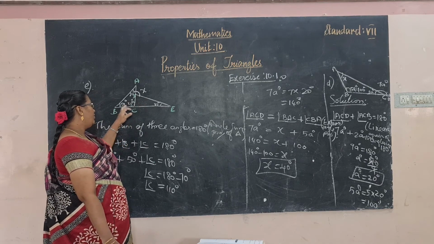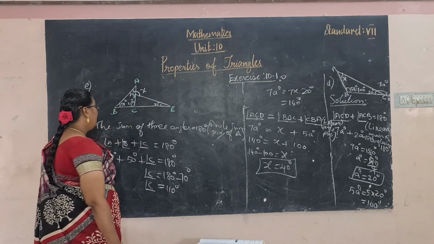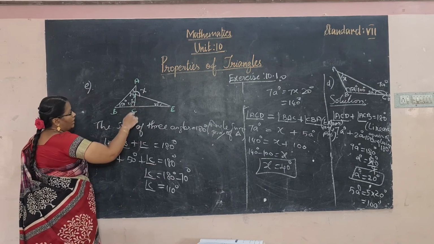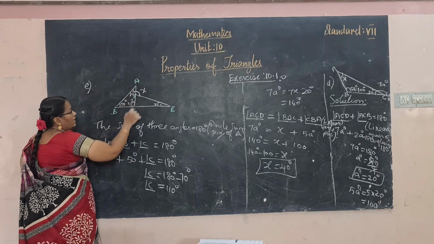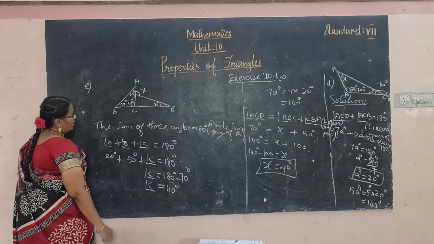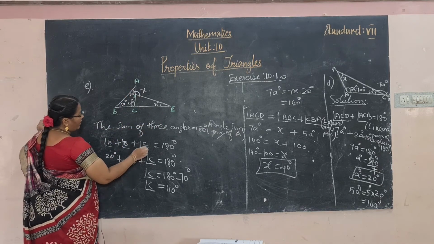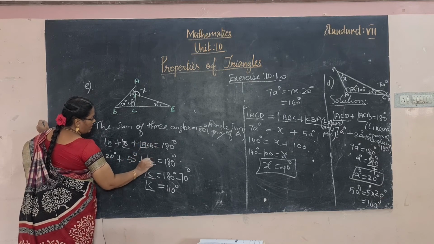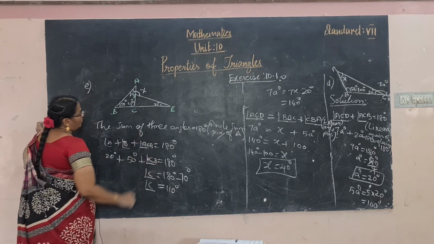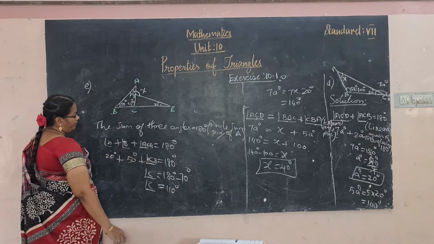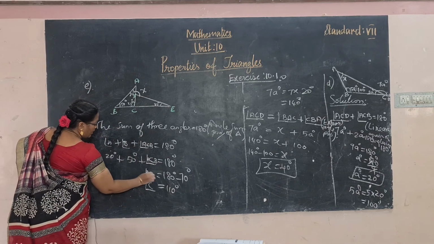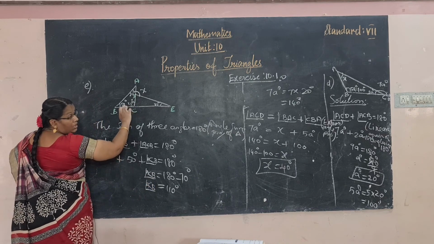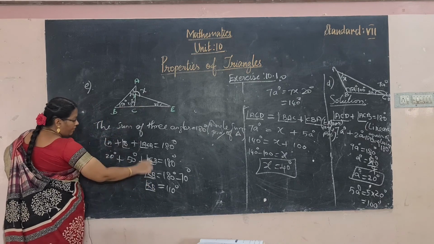Using that property, we find the value of angle ACE. In this place we write ACB, because it is separated by two adjacent angles, so I write it like this.